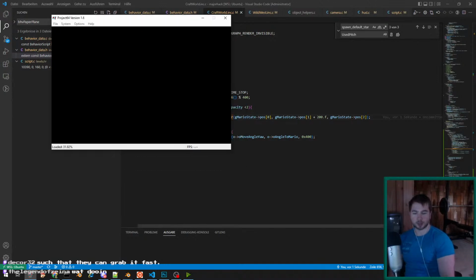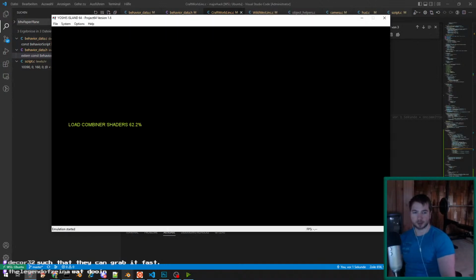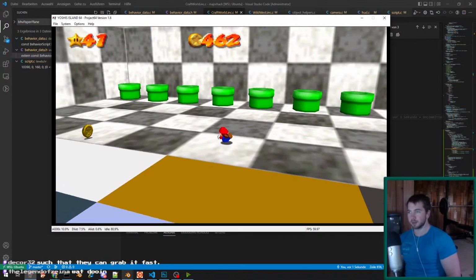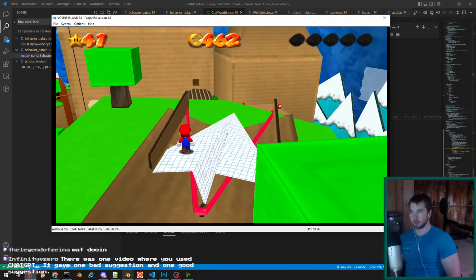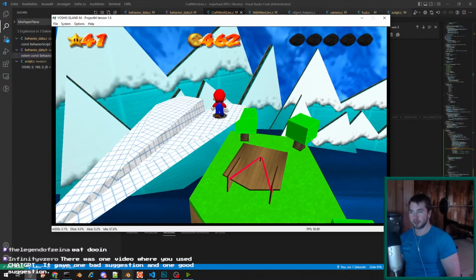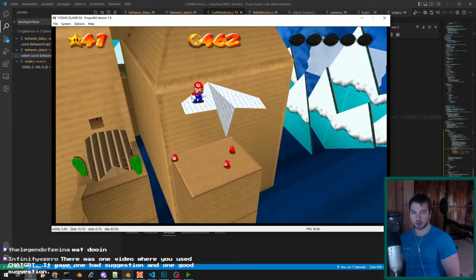Let me check how that toad mission goes. Hello Zena, what doing? We just did the paper airplane. Look at it, wee! We still need to program the slingshot to actually sling Mario.